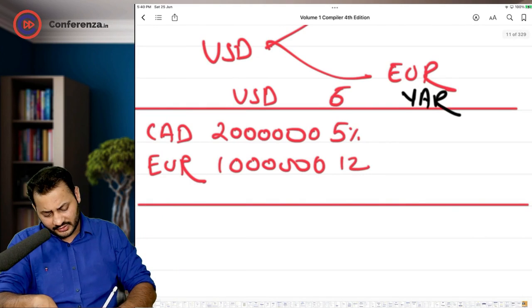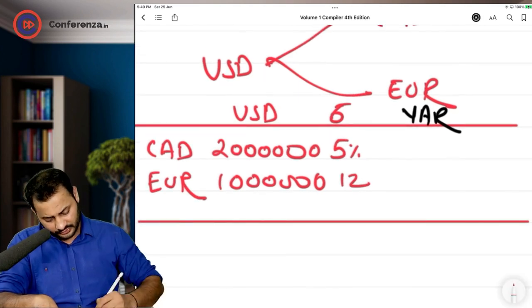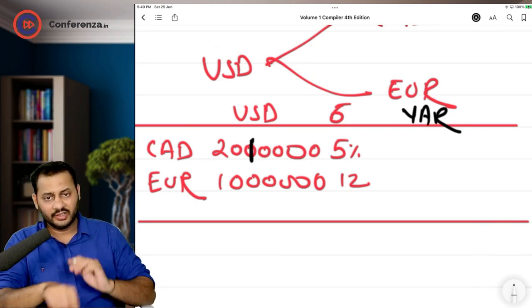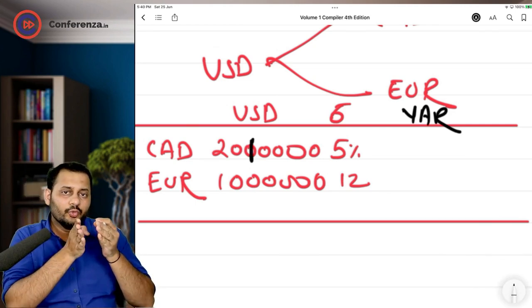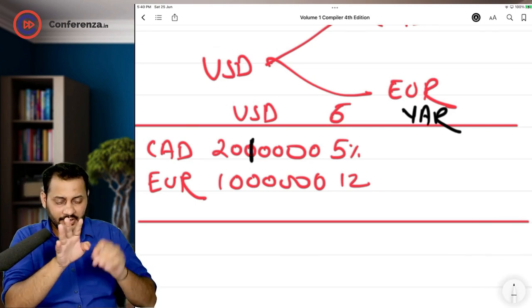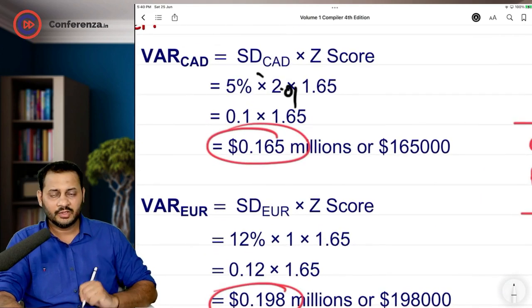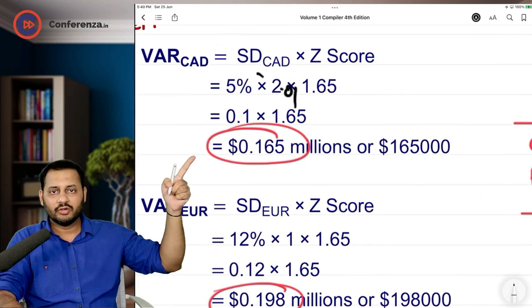If you increase the Canadian dollar position by $10,000, you will put 1 here, so it will be 2.01, right? Instead of 2, here you will write 2.01. Accordingly, the VAR of the Canadian dollar will change.